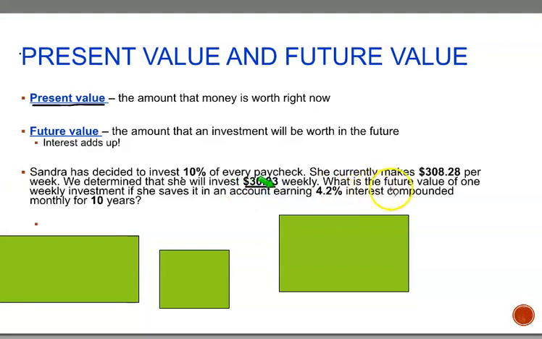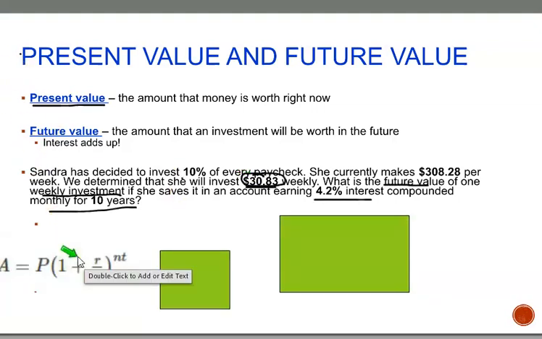What is the future value of one weekly investment if she saves it in an account earning 4.2% interest compounded monthly for 10 years? We are looking for the future value of that investment. What's the investment? The investment is $30.83. How will that investment itself grow over the 10 years?